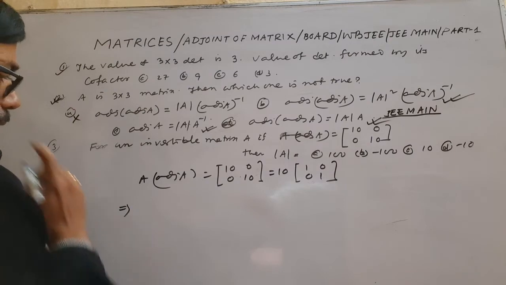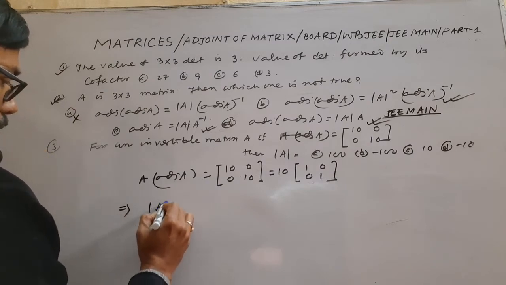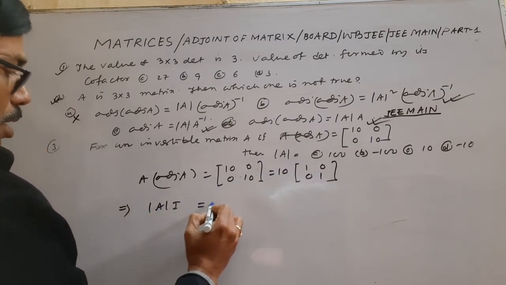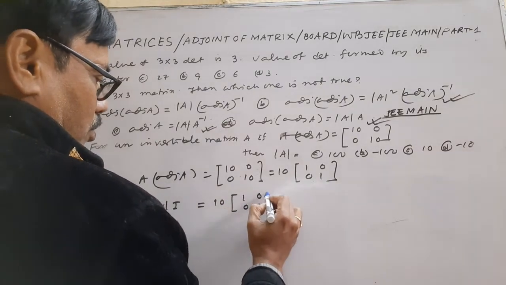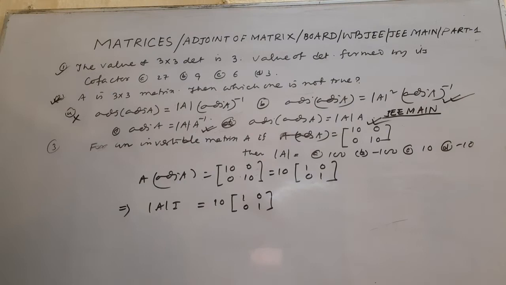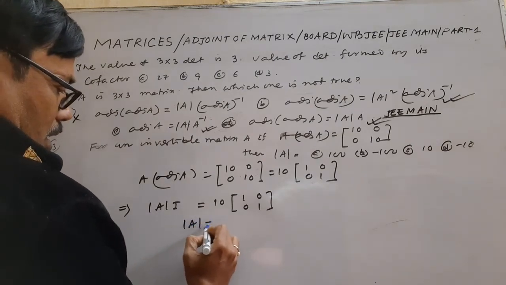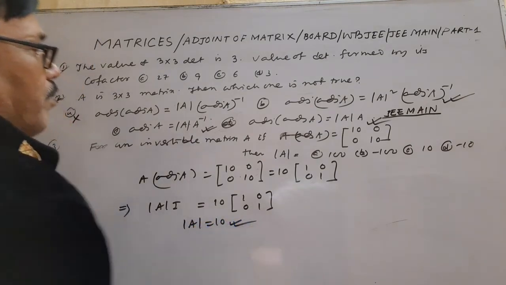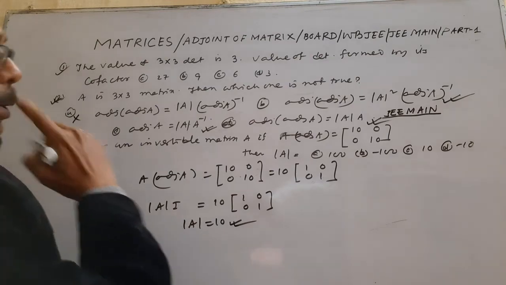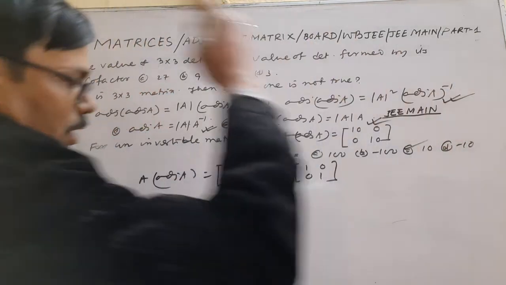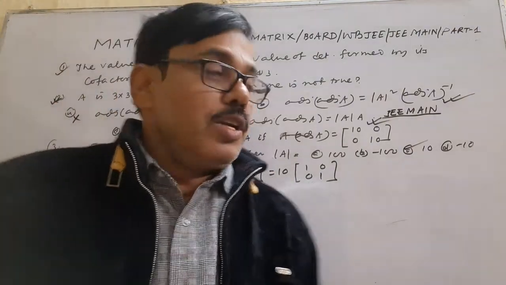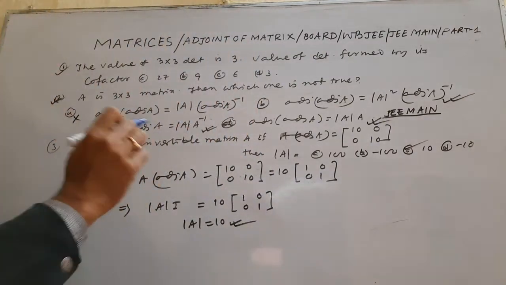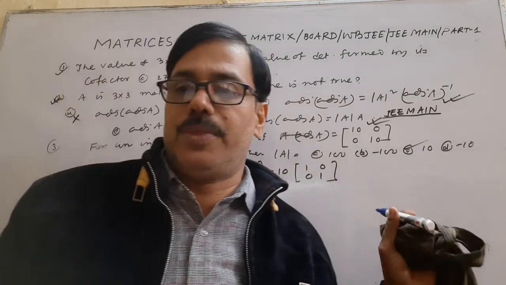So this implies determinant A into I by well-known property A into 1, 0, 0, 1. So what is determinant A? Determinant A equals 10. So using basic theory, you can solve this problem.